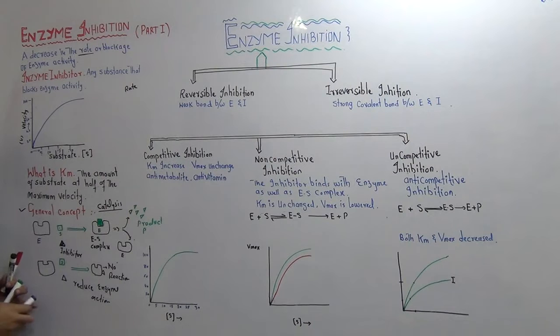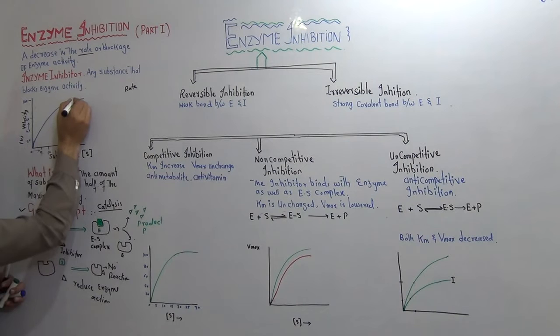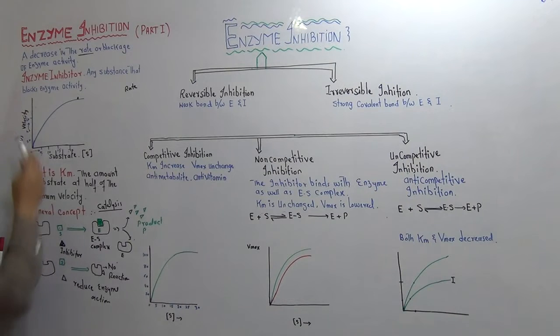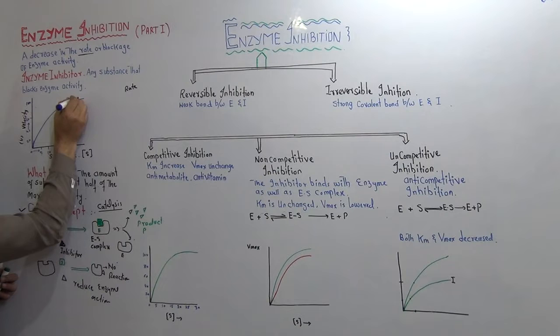Let's suppose that at a particular substrate concentration, the enzyme rate becomes 100 here. Let me write 100 here.